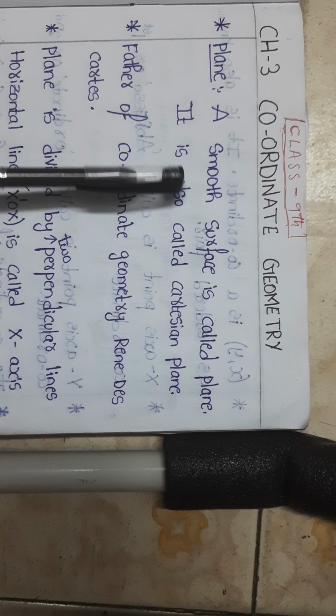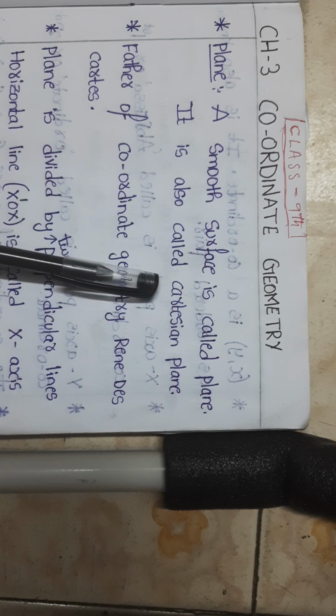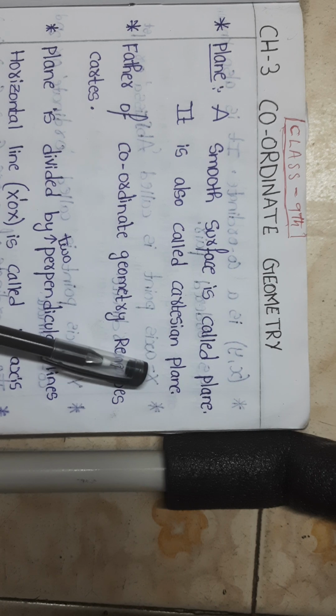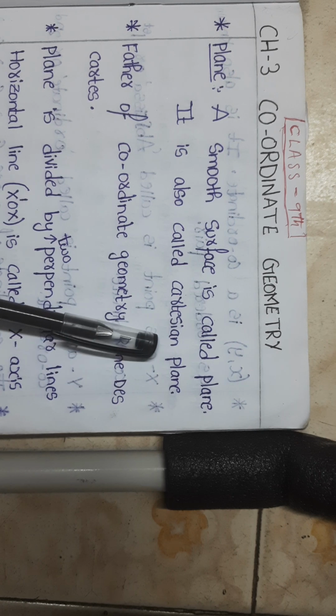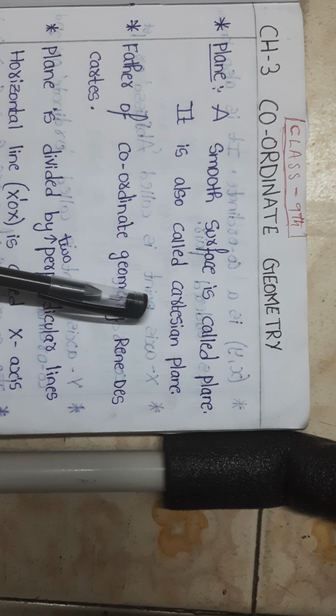Plane means a smooth surface is called a plane. It is also called the Cartesian plane. Plane means, suppose, a blackboard or a smooth wall, or any table surface.